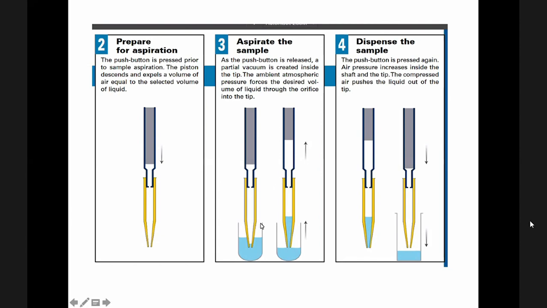So you push, the air is dispensed, then you release the button and the liquid sample enters, equal to the air that was driven out.